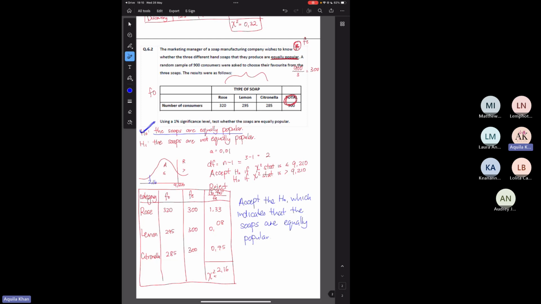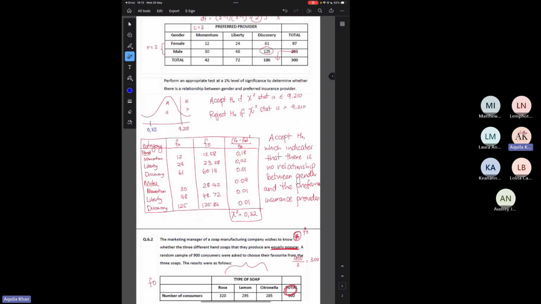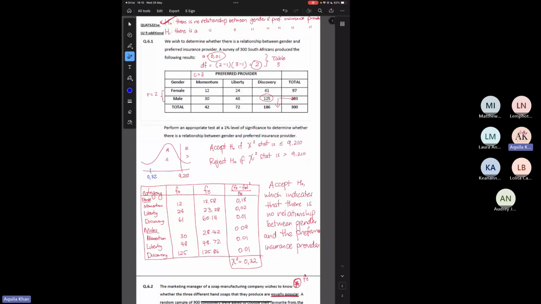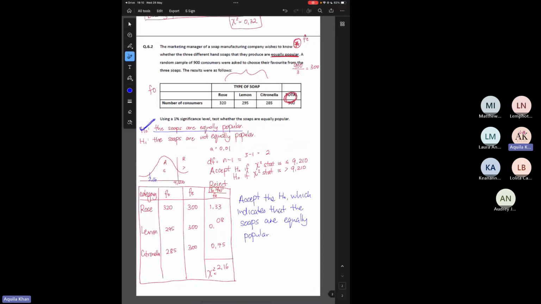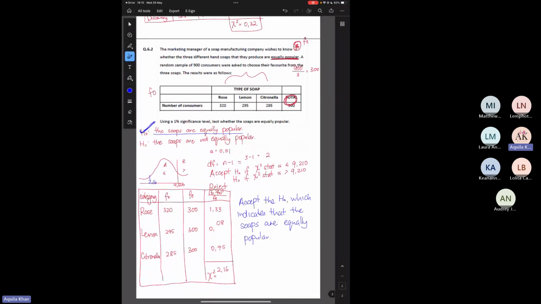It just depends on whether your information was given to you in a two-way table that looked like this or a table that looked like this. And then you're always calculating the same things, FE, and then that FO minus FE squared over FE. And then once you have that, you just compare it to your region of acceptance and rejection, and you conclude.